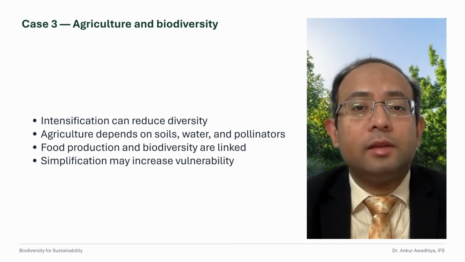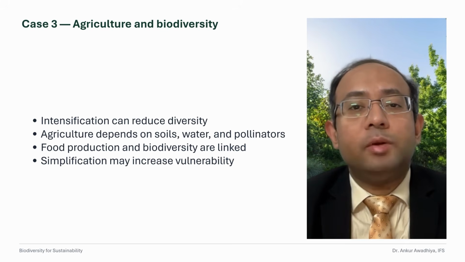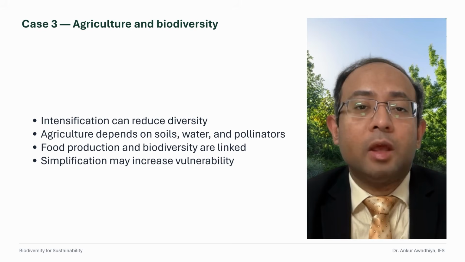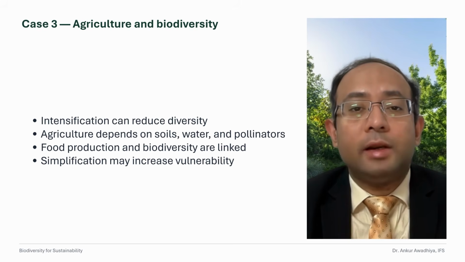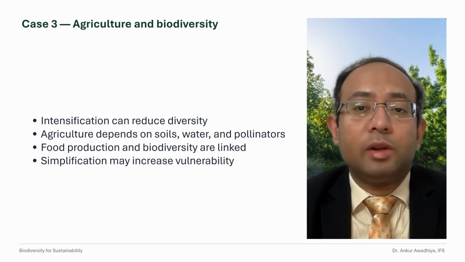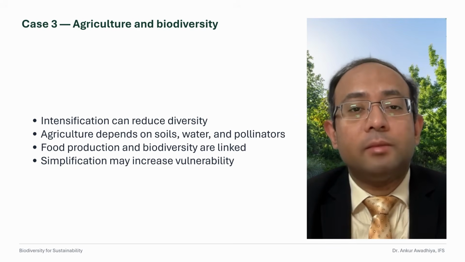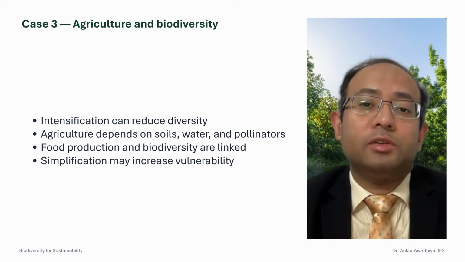Our third case is agriculture and biodiversity. The relationship between them is more complex than simple competition, because agriculture depends on soils, water, pollinators, natural pest regulation, and landscape stability. All of these are ecological relationships.